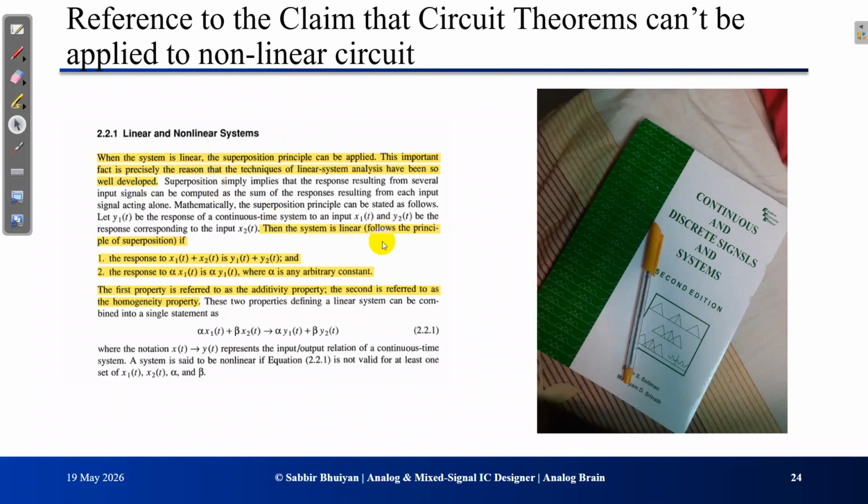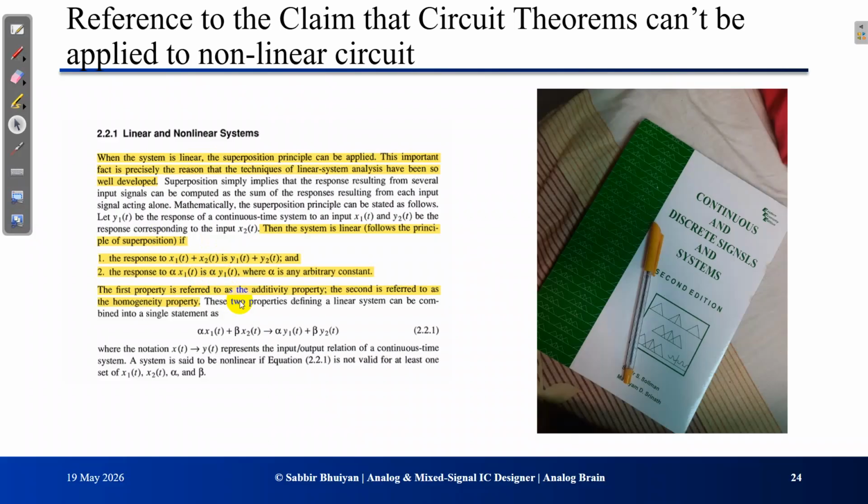If the system is linear, it follows the principle of superposition. What it means is that if your system is linear, it will obey superposition, and to obey superposition it has to obey two laws: additivity and homogeneity. These two laws have to be obeyed simultaneously to obey superposition, and then it will be linear.